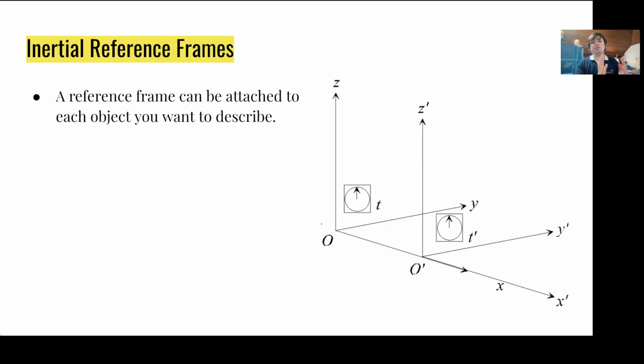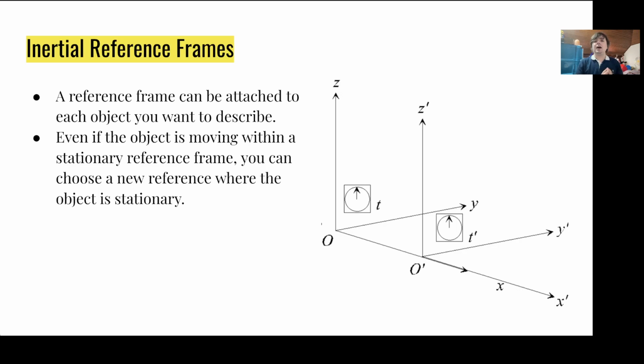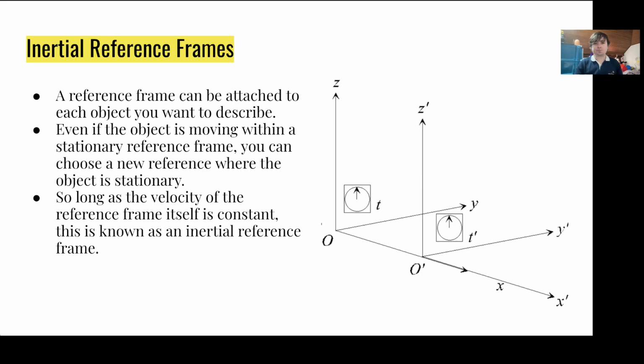And so this gives you the ability to translate a reference frame along with your object. And so while that's kind of a weird thing to think about, it's very convenient a lot of times when you have two different objects moving. So we'll see. All right, so you can say that even if the object is moving within a stationary reference frame, you can always choose a new reference frame where your object is stationary.